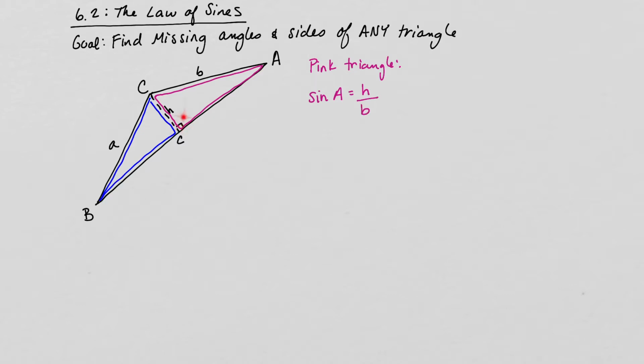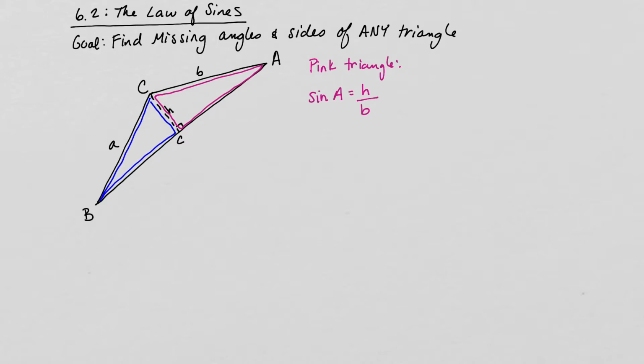Remember, here's my right angle. The hypotenuse is always across from the right angle. So I know the letters are a little different than we're usually used to doing, but we usually are using h for hypotenuse and b for one of the legs of the triangle. But here I've kind of changed that up a little bit. But I'm still really just using that the sine is the opposite over the hypotenuse.